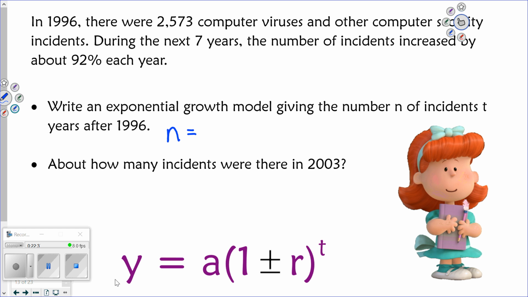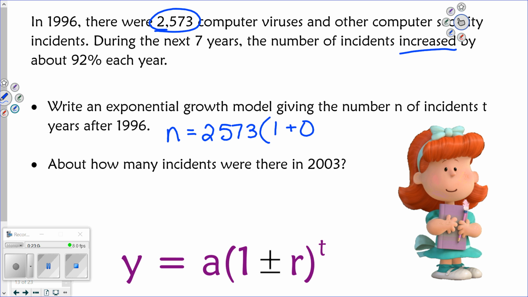Did it tell me a different variable to use for that? It didn't. Do we know the initial amount it started with? Yes, it started with 2,573. Is it plus or minus? Plus, because it says it increased, so we're adding to it. Do we know the rate?